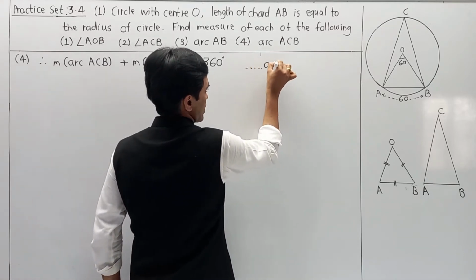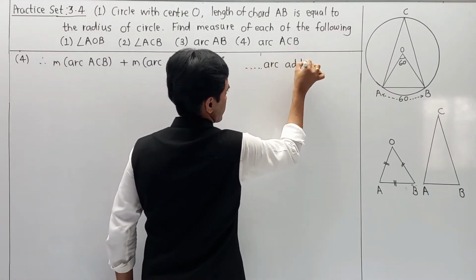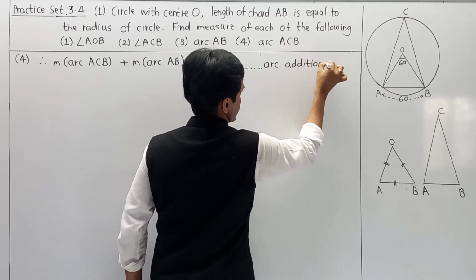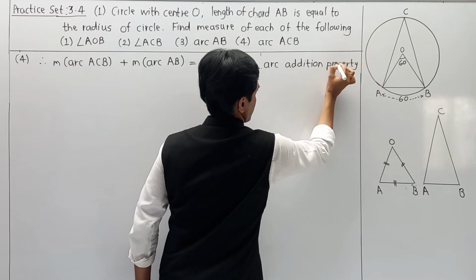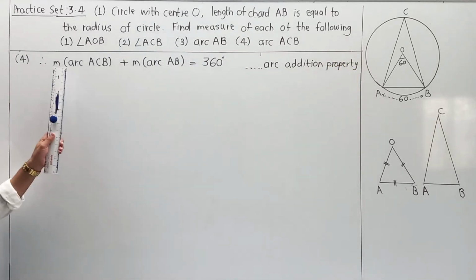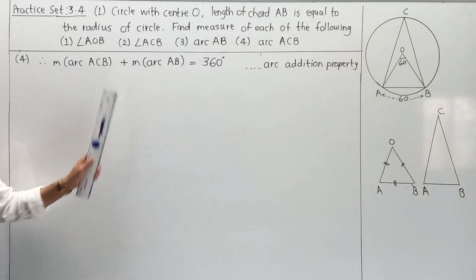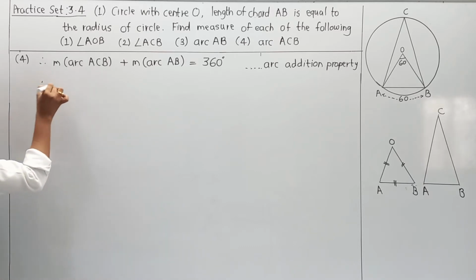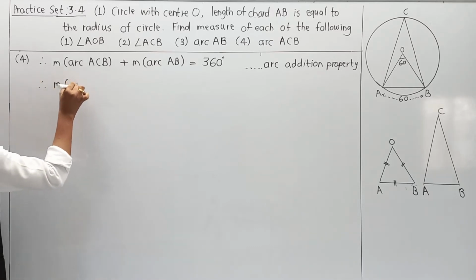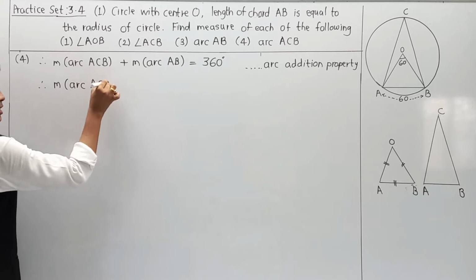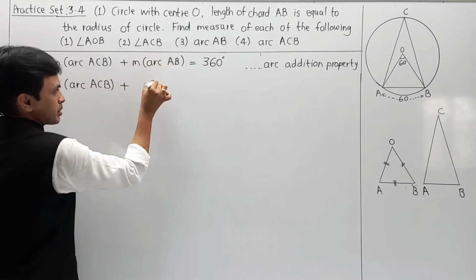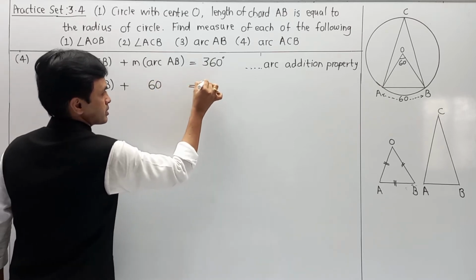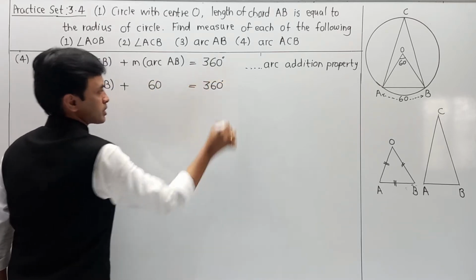Logically you can say arc addition property. Now we don't know major arc ACB, that we are supposed to calculate. Therefore major arc ACB plus major arc AB, and major arc AB is nothing but 60 degrees, is equal to 360 degrees.